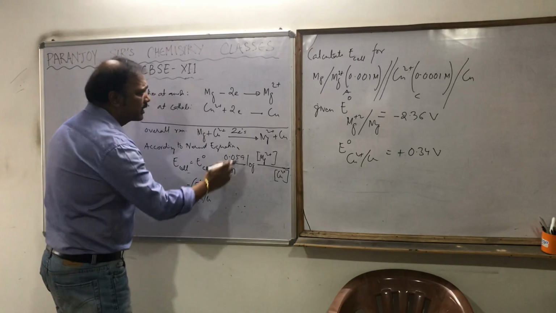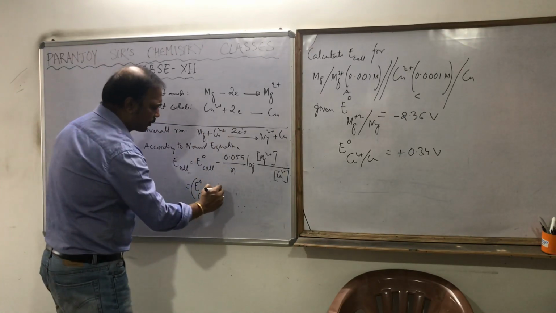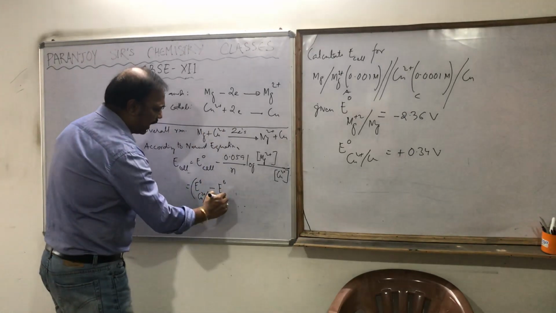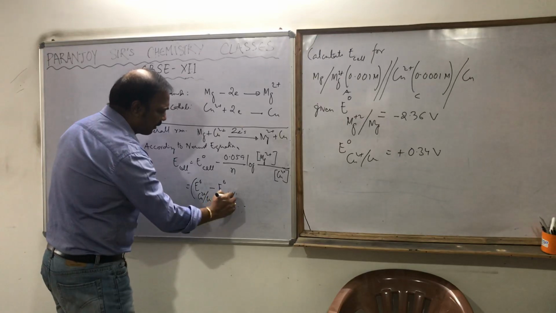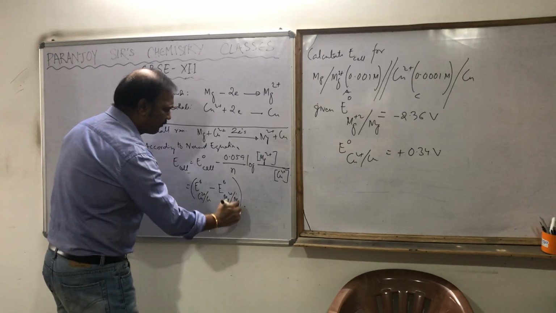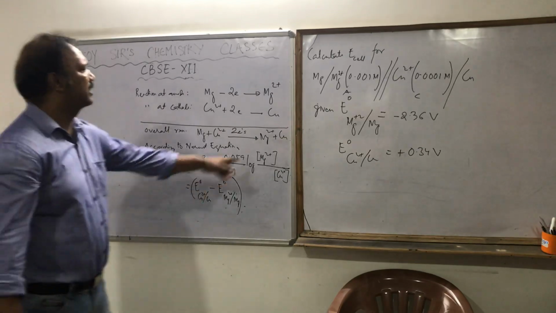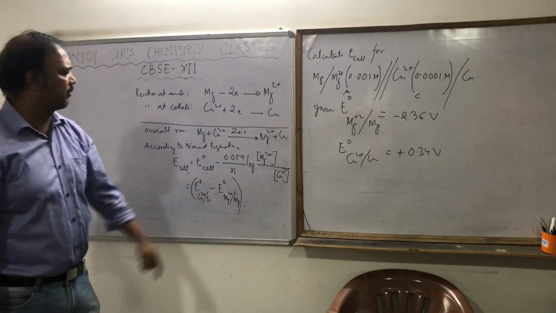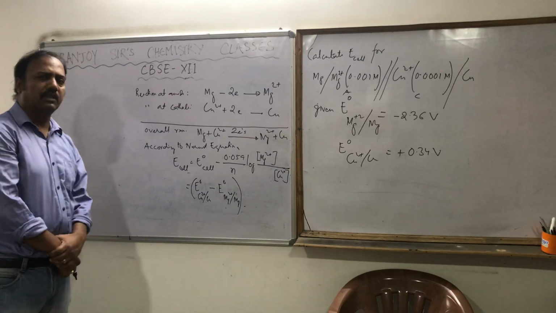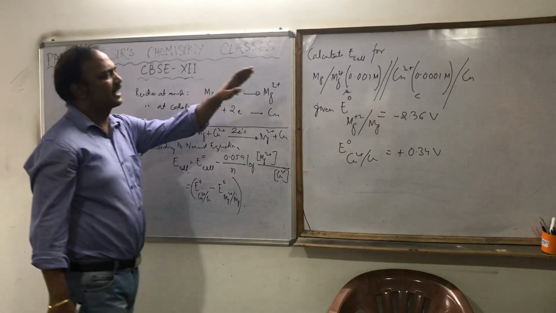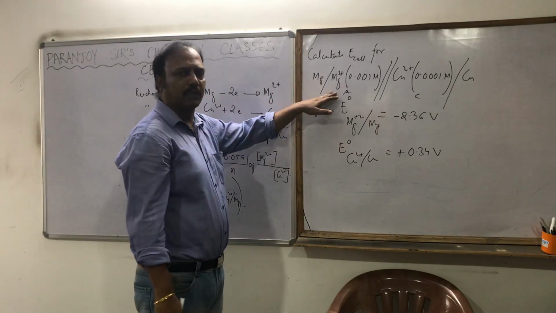Minus, what is the anode? Magnesium is the anode. I am writing E0 Mg2+/Mg. Some of you must have the confusion: sir, why did you write Mg2+/Mg? Once again I am saying, yes, in the cell oxidation is taking place.